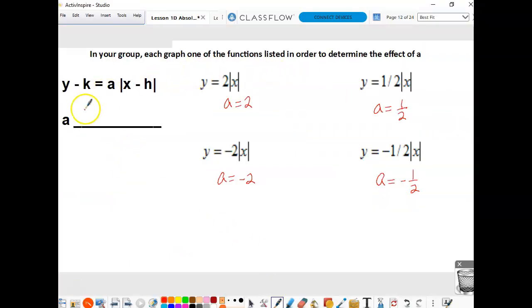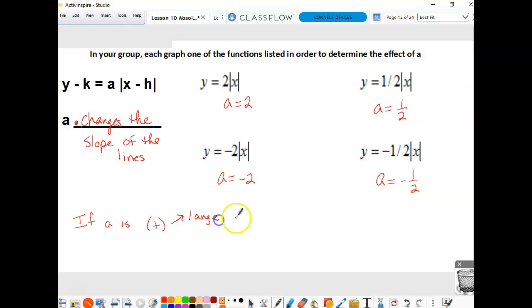So A changes the slope of the lines. All right, so what we said is if A is positive, and it could have two things, large, so like a +2, okay, we ended up with a skinny graph, right?